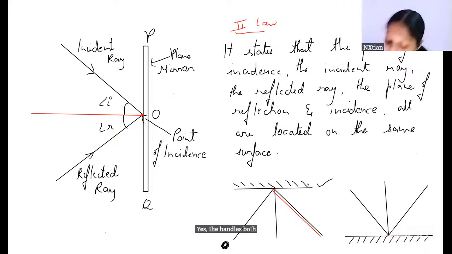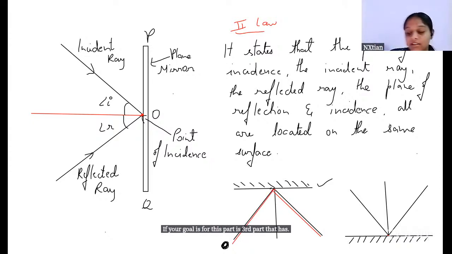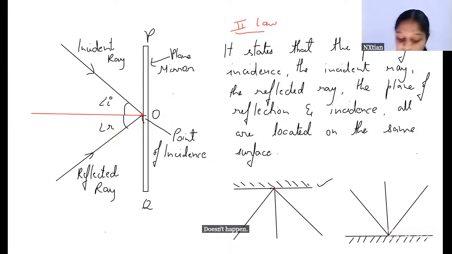If your ball is following this red path that I've made, making an angle, and then you put a perpendicular, both the angles will be equal. But mostly that doesn't happen, so mostly this law is just used for light.